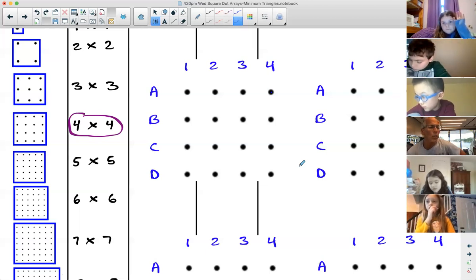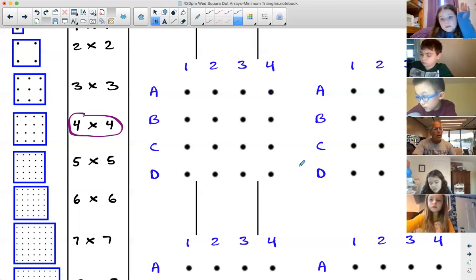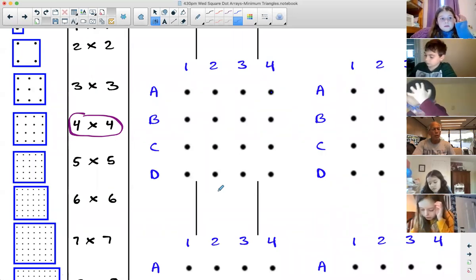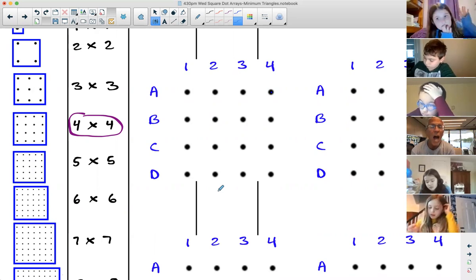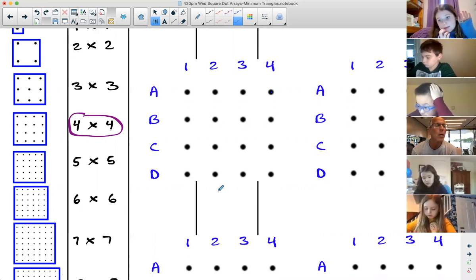Tess, Mark, what about you? I can't really see you. I didn't find it. Not yet. Yes. I have a question. Yes, go for it. Can there be 3 triangles or does it have to be 2? If 2 is not enough, it has to be 3. If 3 is not enough, it has to be 4.